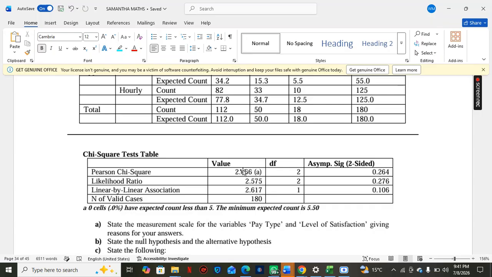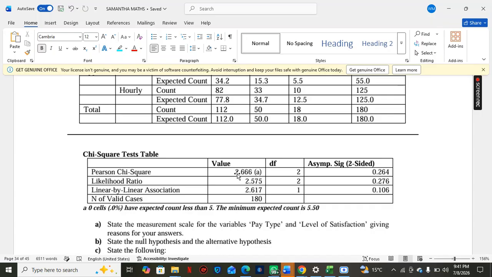So in this case, the software was run and this was the calculated test statistic. What this test statistic is used for is helping you make a decision. How it helps you make a decision, you compare it against a critical value.